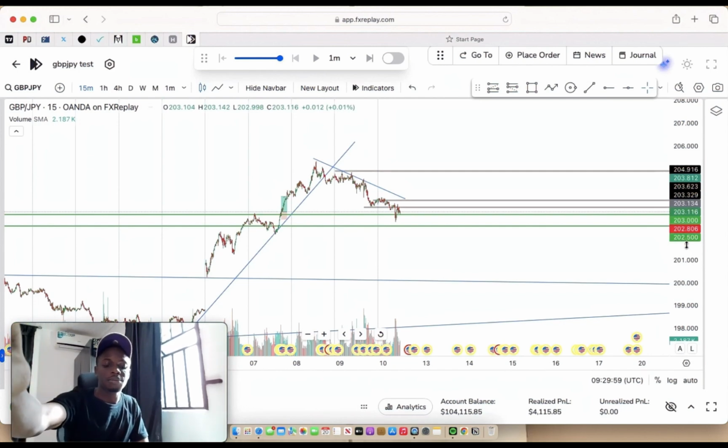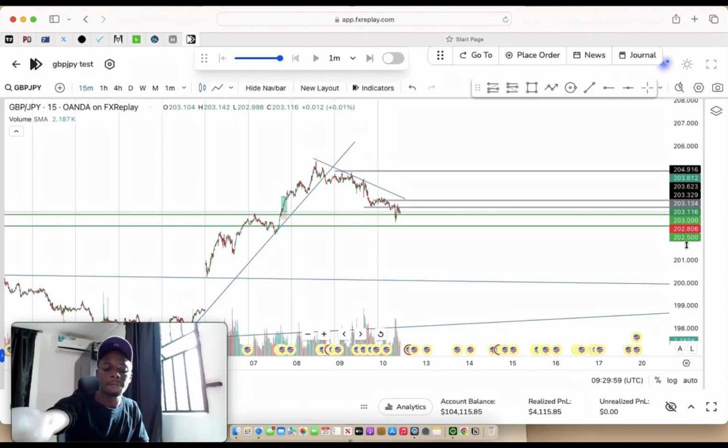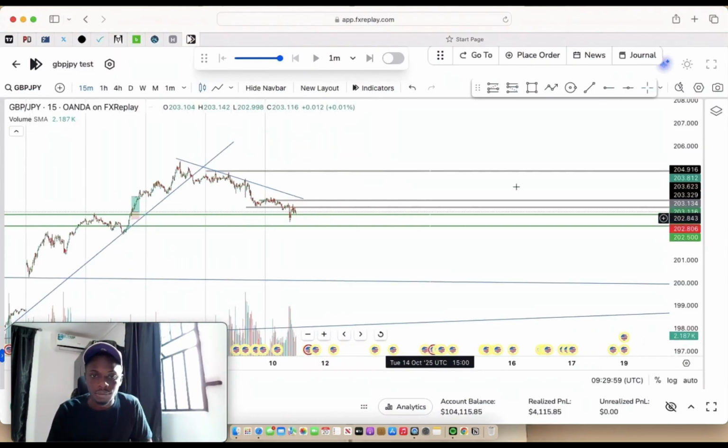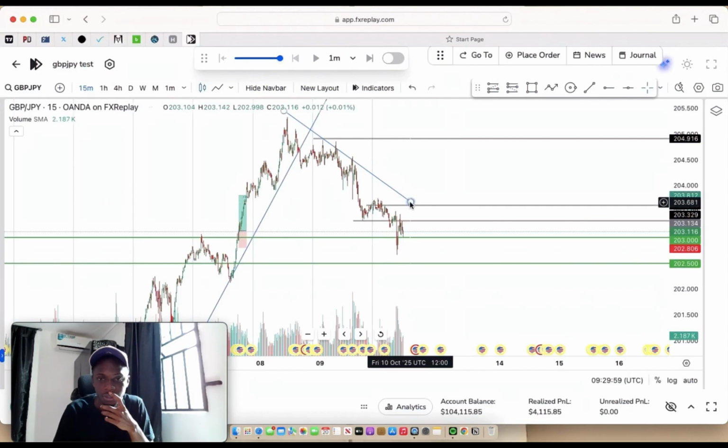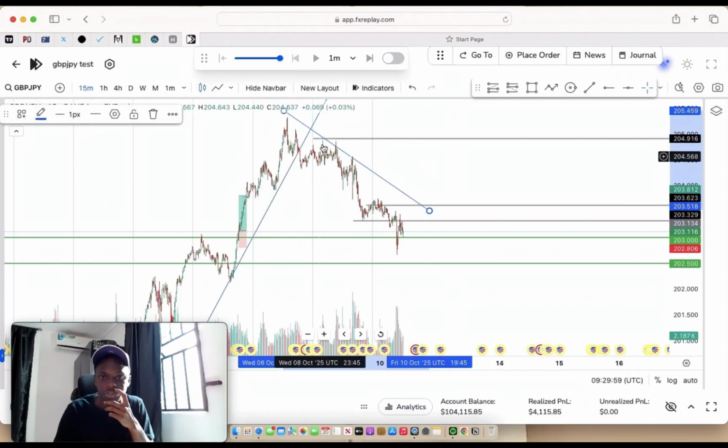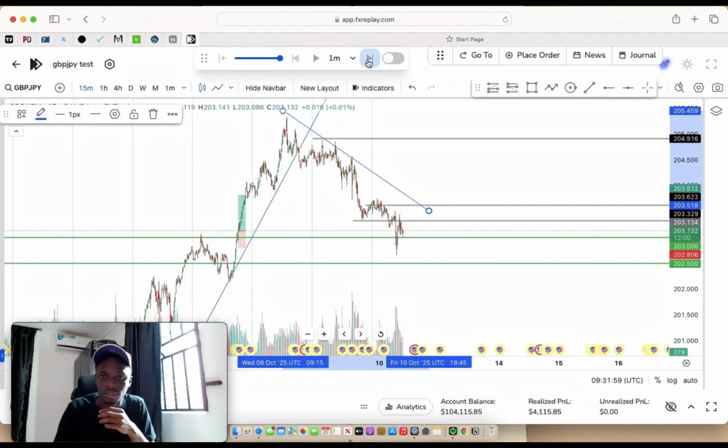It's a potential entry. I have 1 to 3. Generally got broken, retest, and this potential for us to push to this next key level. But let's see.